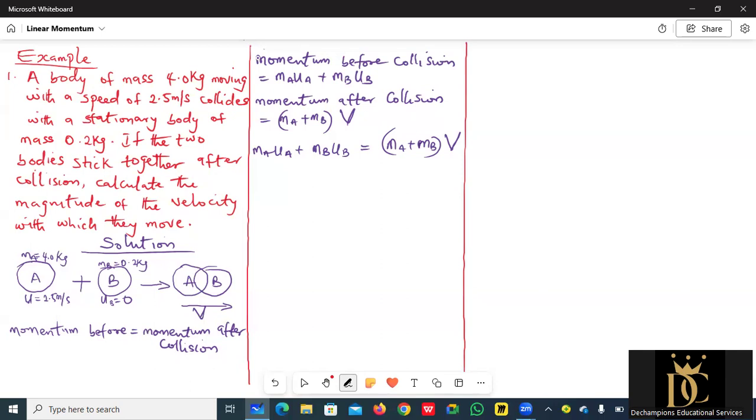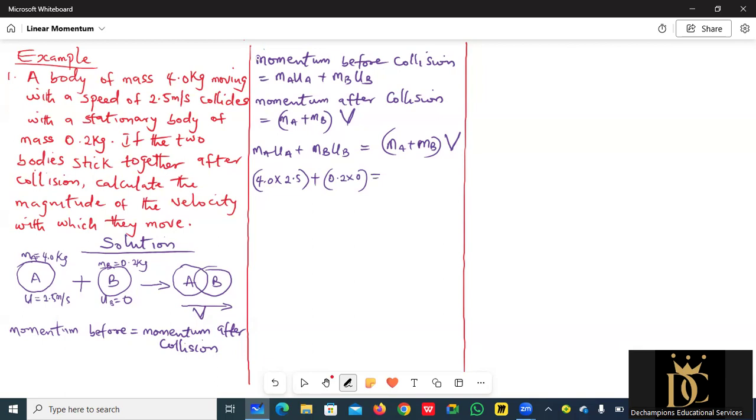So our MA here is the mass of body A, that is 4.0, times the initial velocity of body A, 2.5, plus the mass of body B, 0.2, times the velocity of body B, which is 0 since it is a stationary object, not moving.